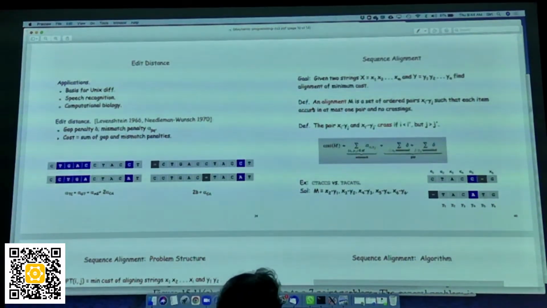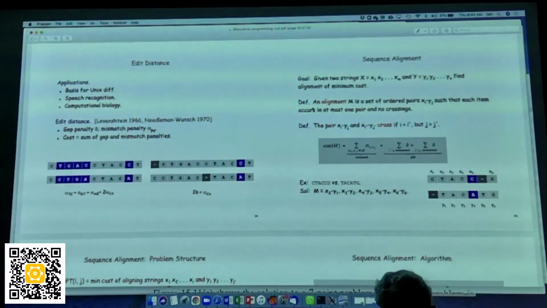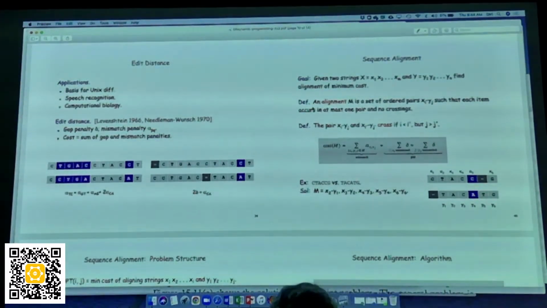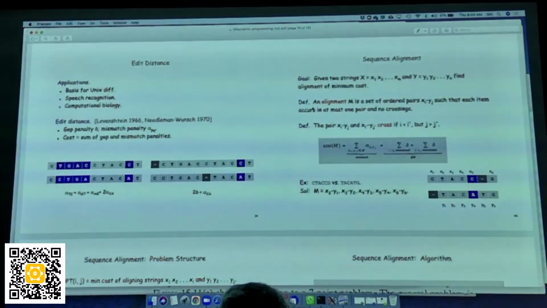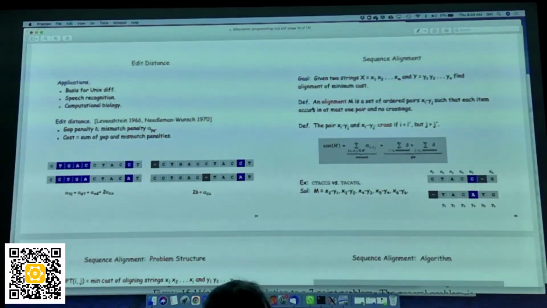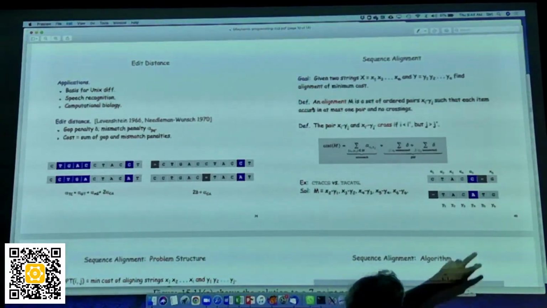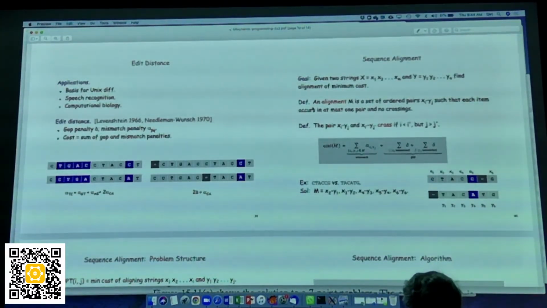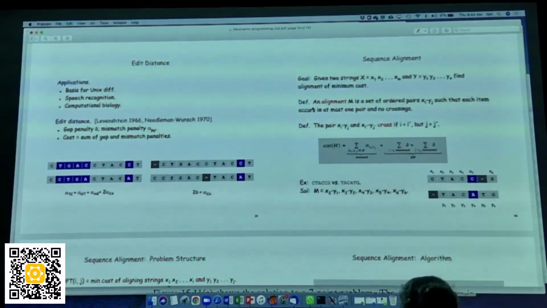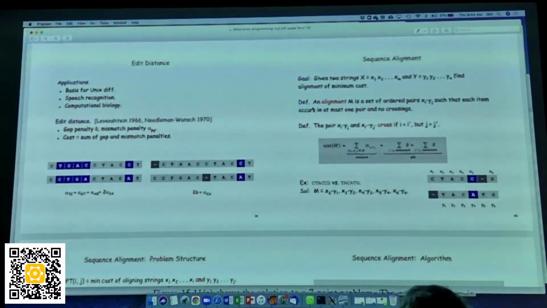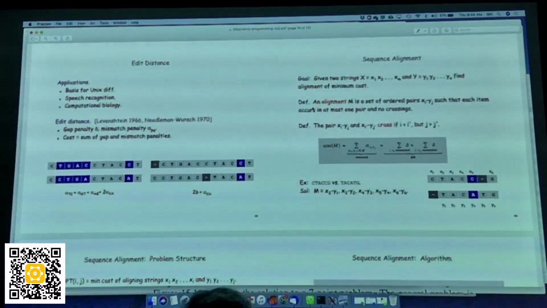If they are sitting right below each other, there are two possibilities. If they are the same, it's a match. If they are different, it's a mismatch, and there's a cost associated with it for each of these cases. If they're not sitting one below the other, then there are two possibilities. Either you have a gap here or you have a gap here, right? So those are your 4 possibilities.